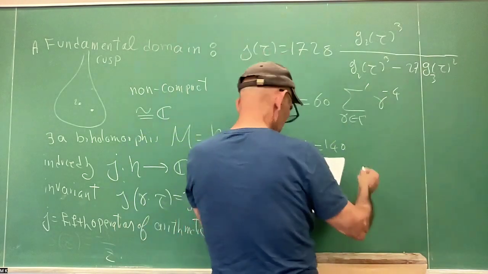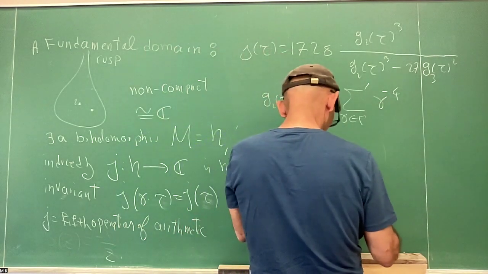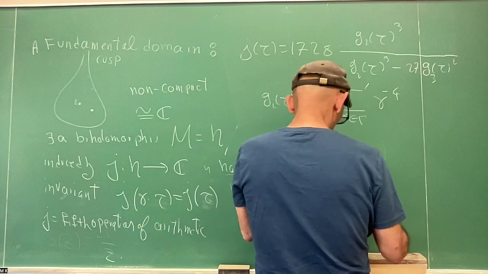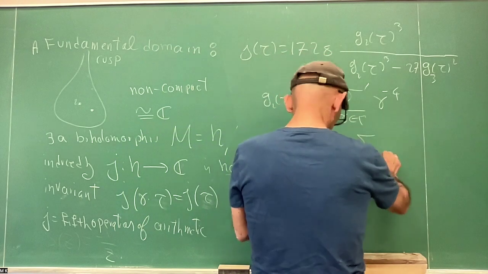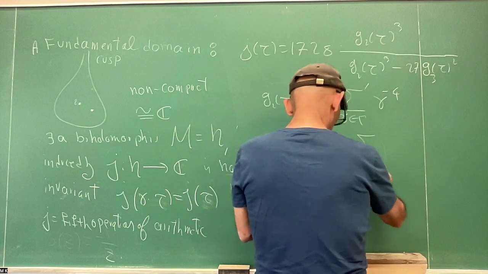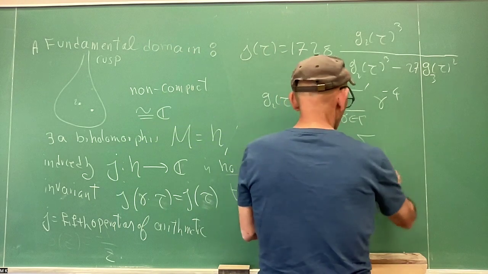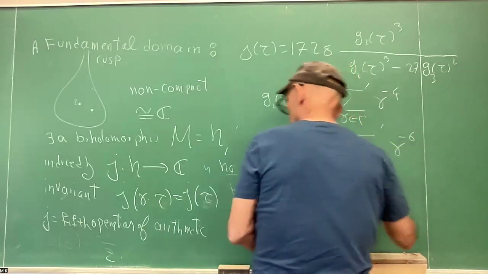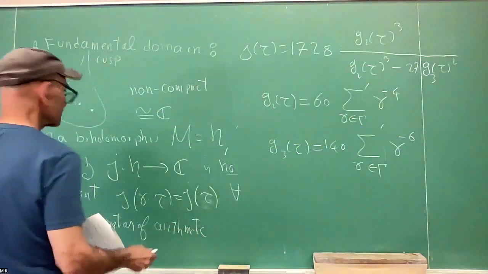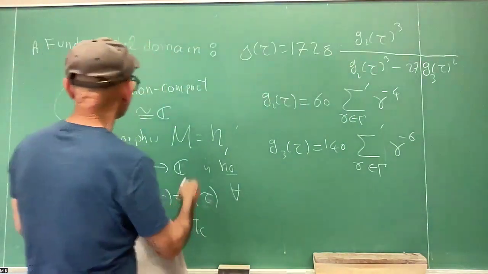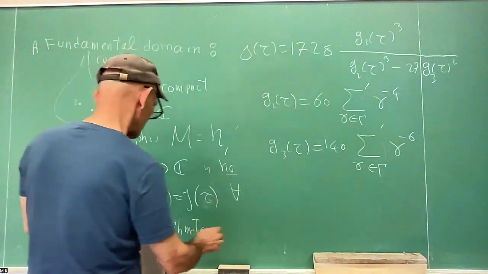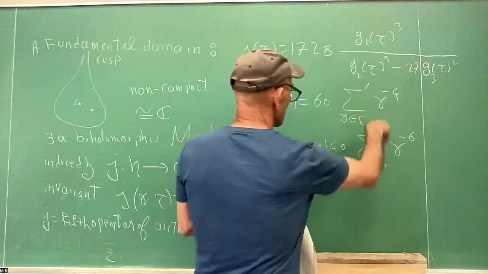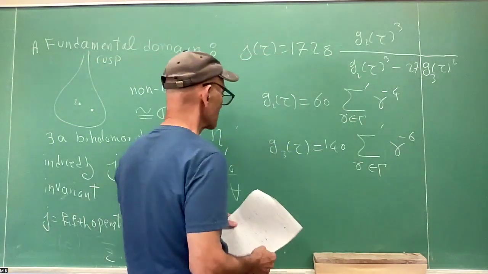So it's weight 6, a modular form in fact. This lattice is SL2(Z) that we always found, PSL2(Z), doesn't matter.